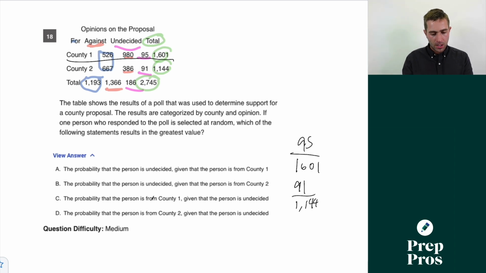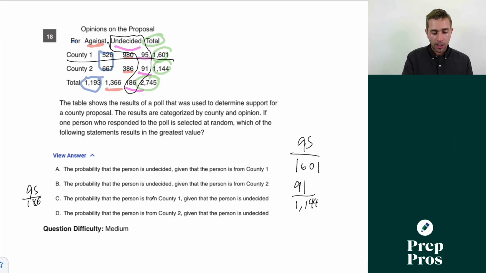Now C, the probability that a person is from County 1 given that person is undecided. So now all we're allowed to focus on here is just the undecided part of the table. And so the probability the person is from County 1 given that the person is undecided is going to be 95 over 186, the amount of undecided people from County 1 out of all undecided people.